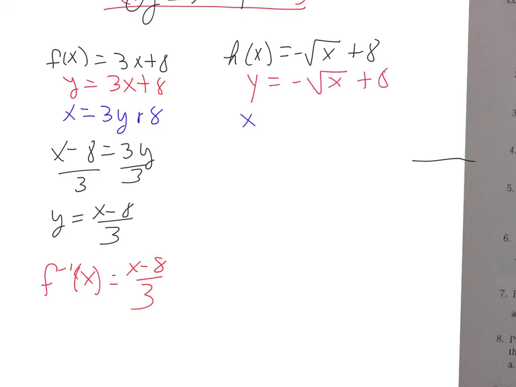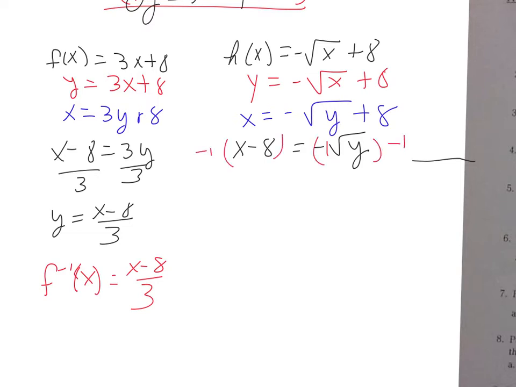Switch x and y. x is equal to negative the square root of y plus 8. Minus 8 from both sides. x minus 8 equals negative the square root of y. Remember, this is really a negative 1 in front, so I'm going to multiply both sides by negative 1. So I get negative x plus 8 equals the square root of y. Square both sides to get rid of the square root.